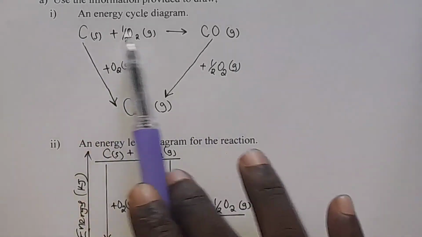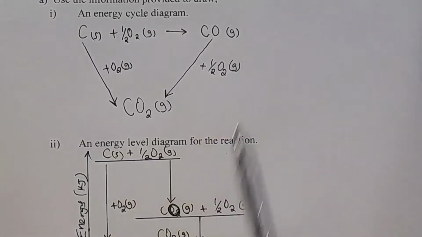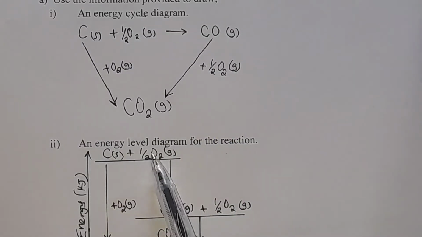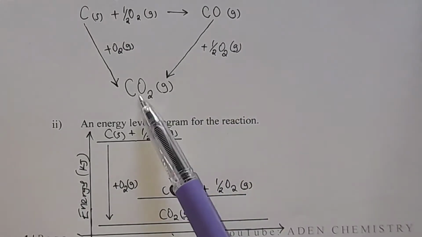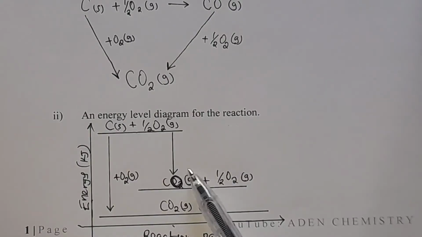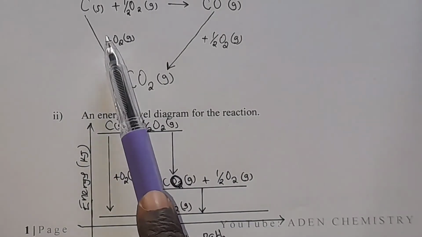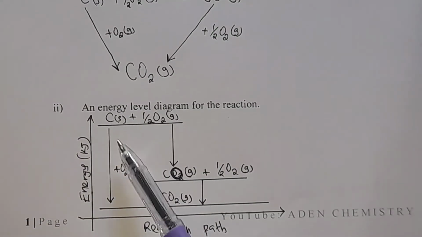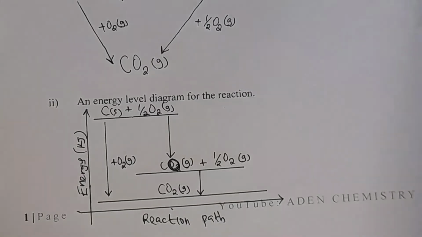The first equation, the heat of formation for carbon 2 oxide, will be your first equation when you are dealing with the energy level diagram. Then the second, carbon 2 oxide reacting with half oxygen gas, giving you carbon dioxide, will be the second equation there. Then the equation where we have carbon reacting with oxygen, giving you carbon dioxide, will be this one that you have here. So that will be for the information.